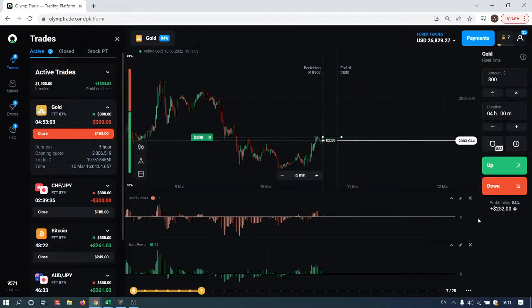I have a portfolio of different assets, different trades, different exchanges. The longer you stay in trading, the more you stop using short-term trades and switch to long-term trades.